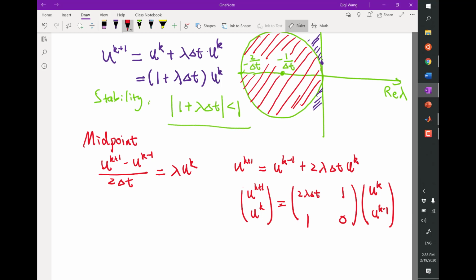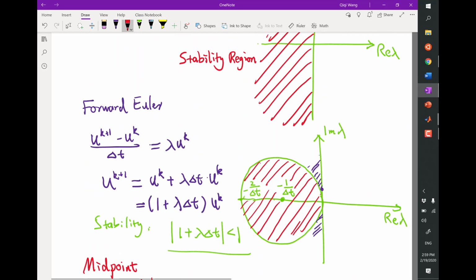What's the criterion? Yes. The eigenvalues of that matrix that we have, the real parts of them have to be less than 1. Okay, so let me clarify one thing that I can see is very confusing to you.